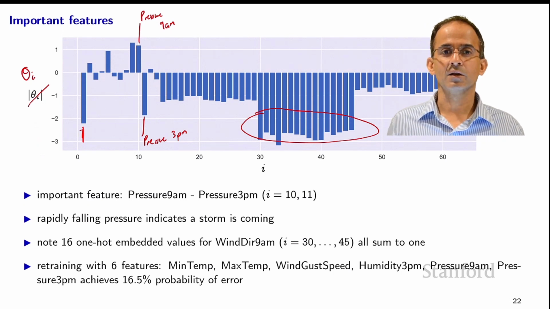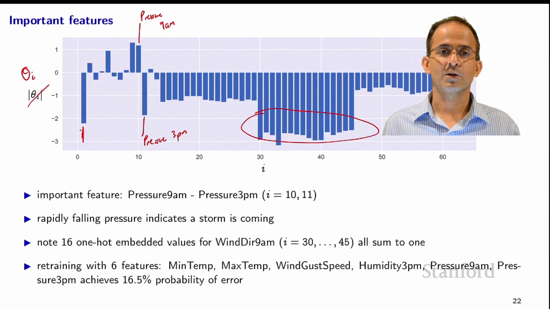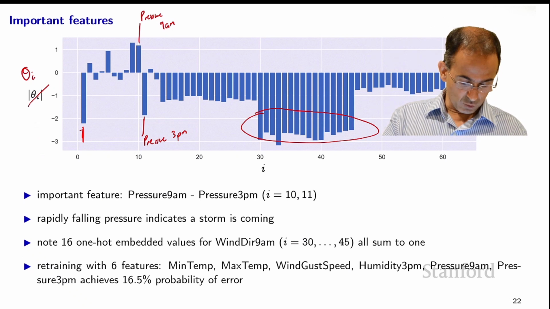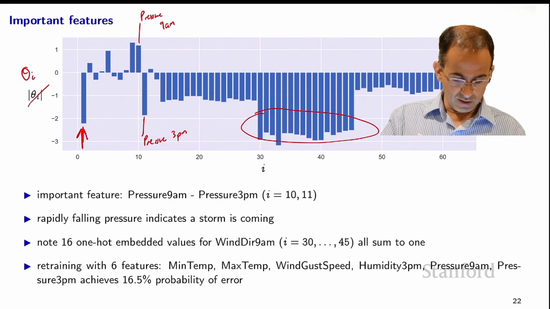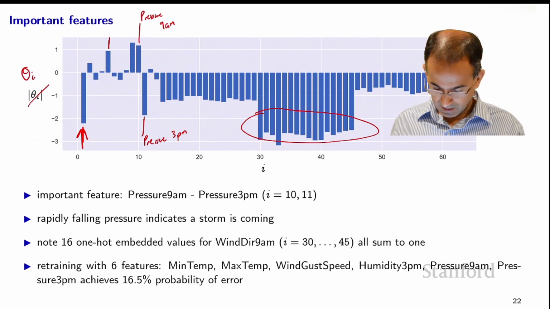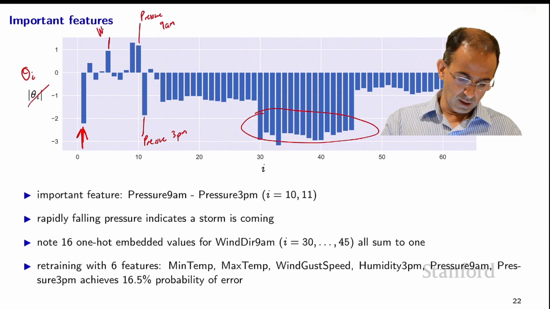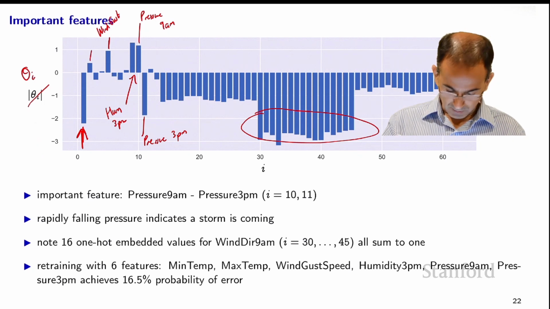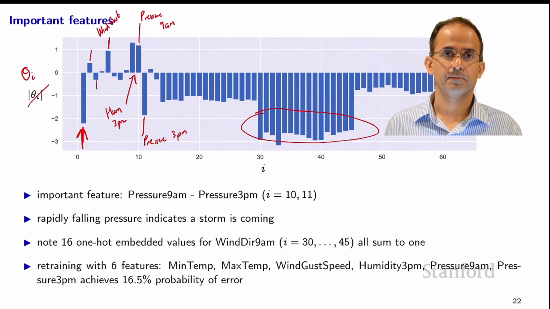And of course, this is a very well-known phenomenon in the weather, that rapidly falling pressure indicates that a storm is coming. The other features here that are significant are, this is of course just the constant term, so it's not really a feature. This one right here is the wind gust speed. This one here is humidity at 3 p.m. And these two are min temp and max temp.